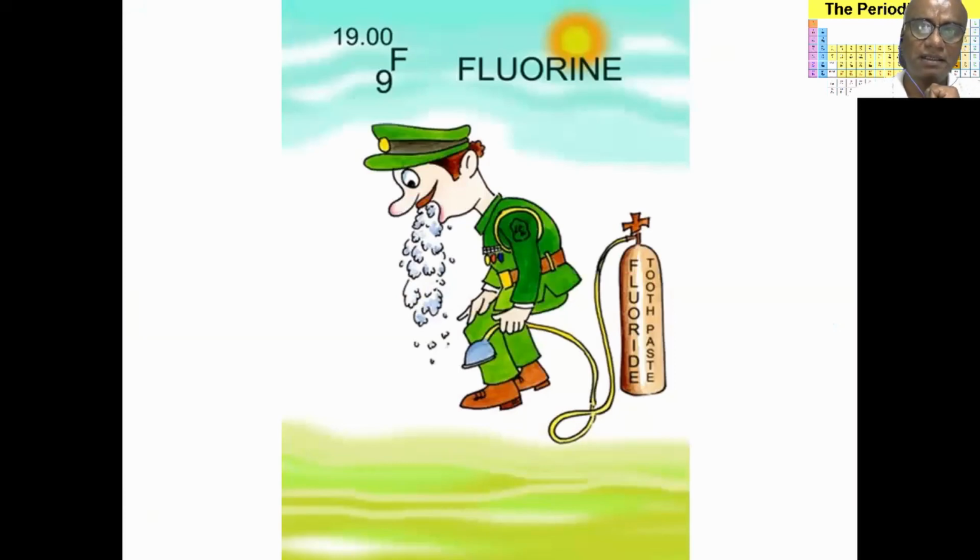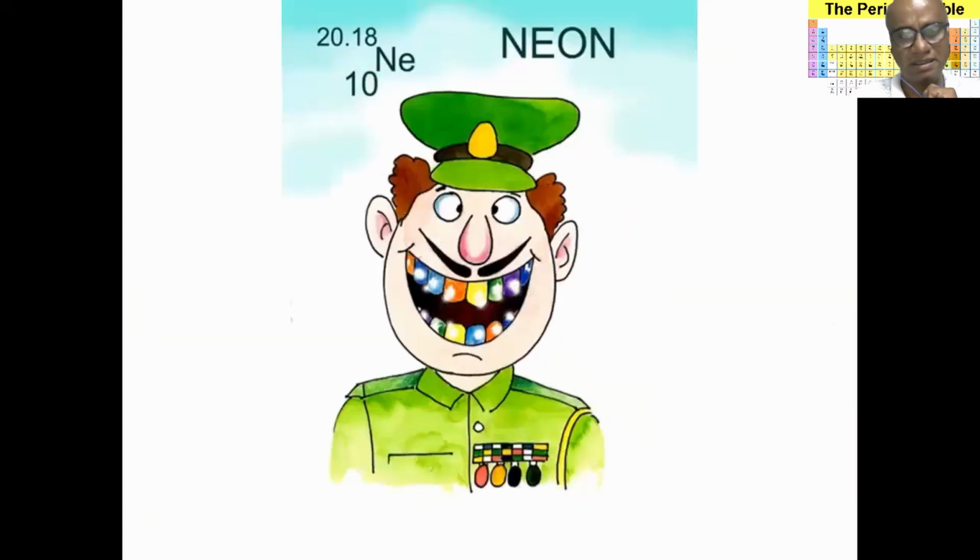The fluoride gives a lot of frothy spit, so it spits everything. So the 9th element is fluorine. Once all his teeth are cleaned by fluorine, they glow like neon. The 10th element is neon. You can stop here and revise the story 1 to 10, and we'll proceed further.